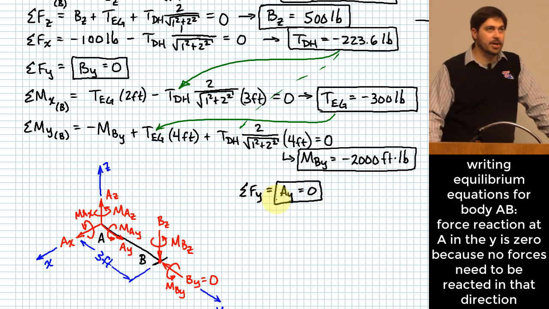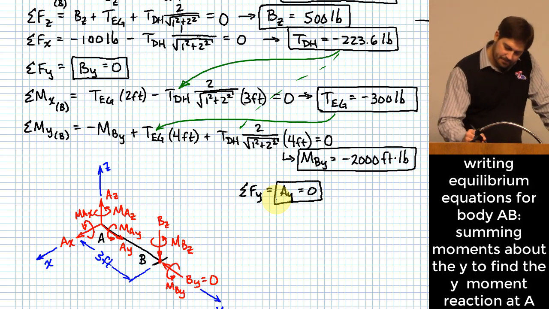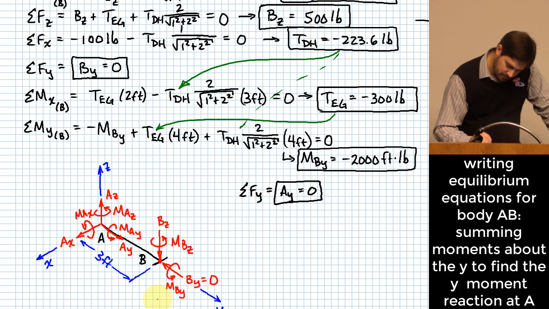Yay, we've got our first one. What about our other reactions? Let's get them in there. What's MBY? MBY was negative 2,000 foot-pounds.